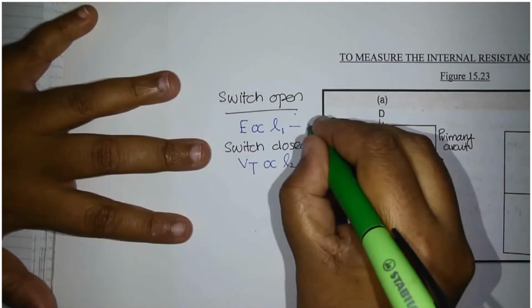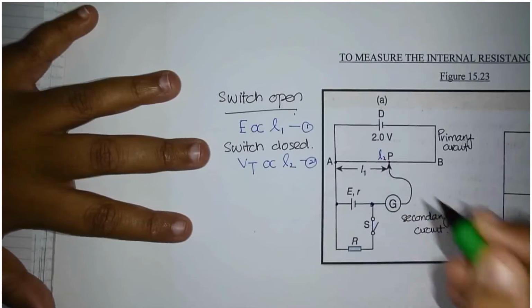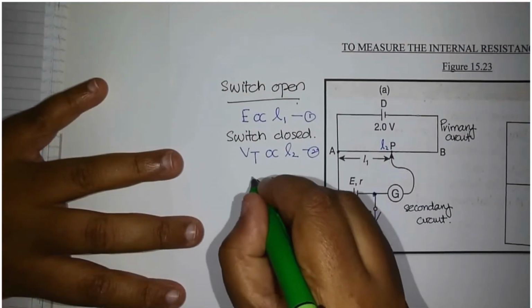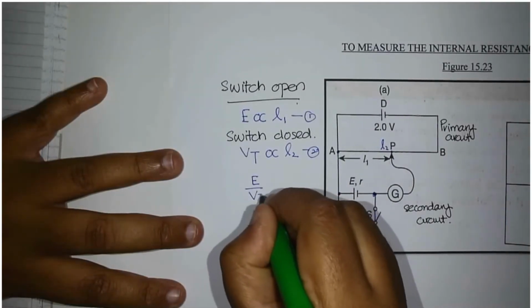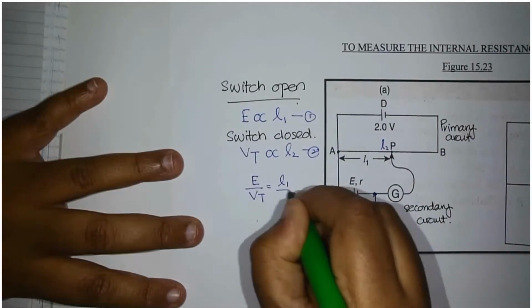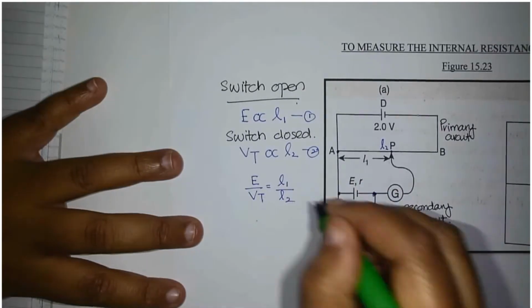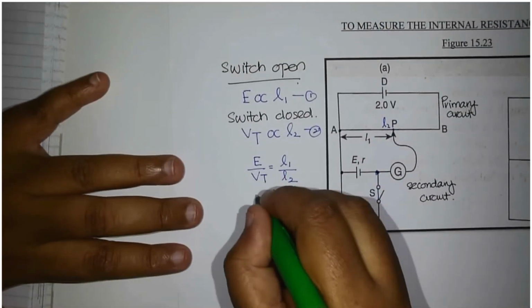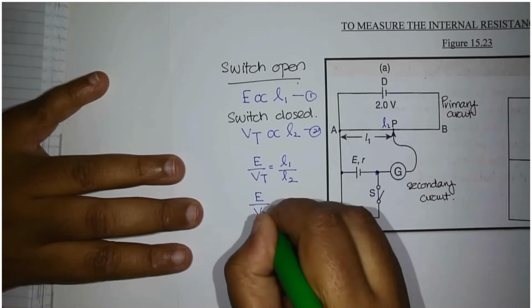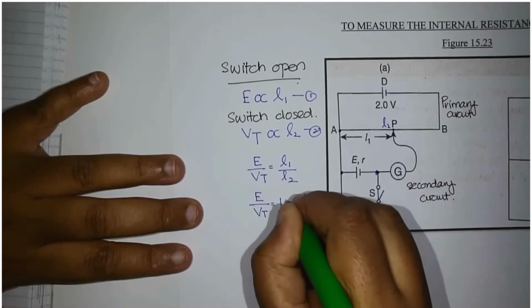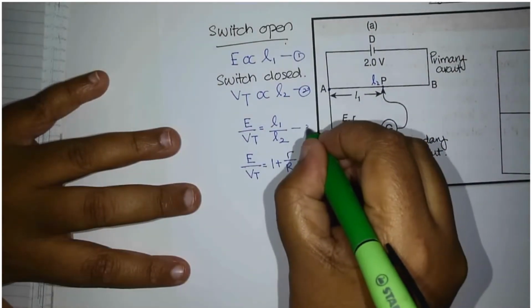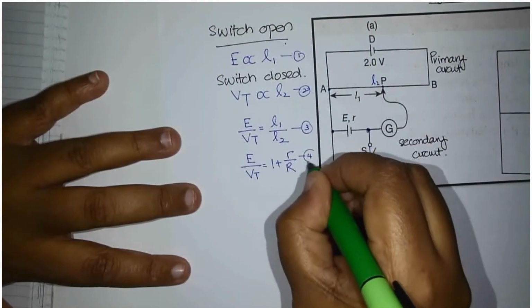So here I get 1, here I get 2. Therefore E over Vt equals L1 over L2. And from previously we know that E over Vt also equals 1 plus small r over capital R. So this one is number 3, this one is number 4.